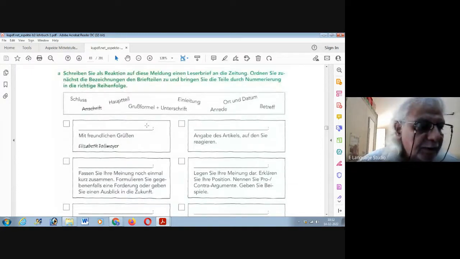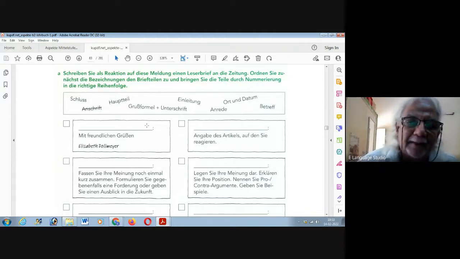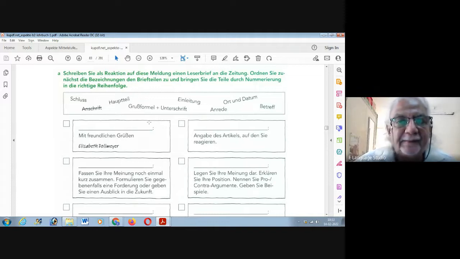So nicht an das Publikum, das man nicht sieht. You're writing to the public whom you will not see. So it's not a Debatte, wo das Publikum davor sitzt, sondern an das Publikum, das man nicht sehen kann. So it appears as a reader's letter in the newspaper.